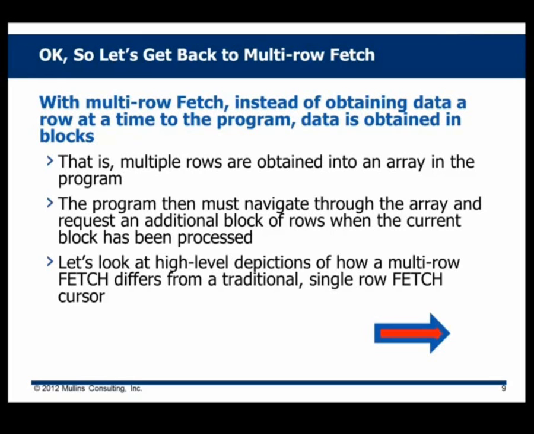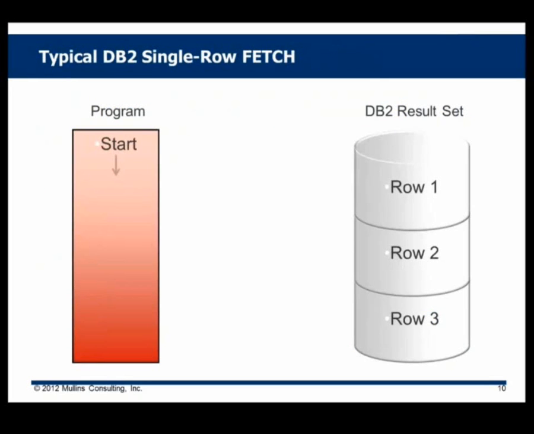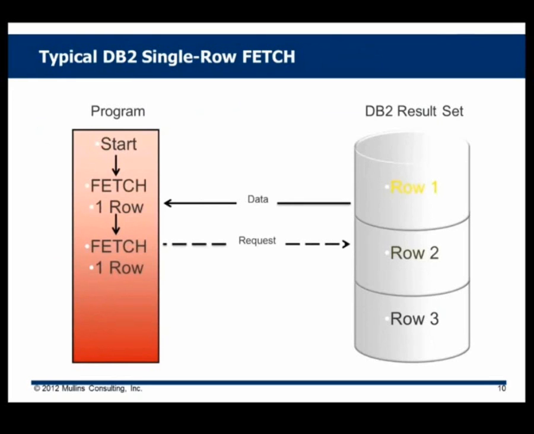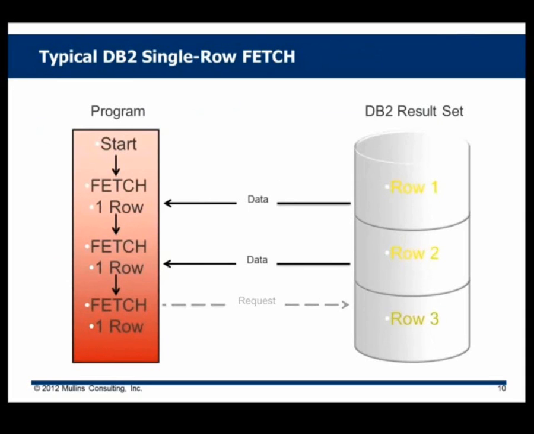Okay, so let's move on and take a graphical look at the difference between a single row fetch and a multi-row fetch program. Traditionally, when an application executes an open cursor statement, DB2 is going to create a temporary result set of requested data. Once this result set is created, the application has to execute a fetch statement for each row of the data in the result set.